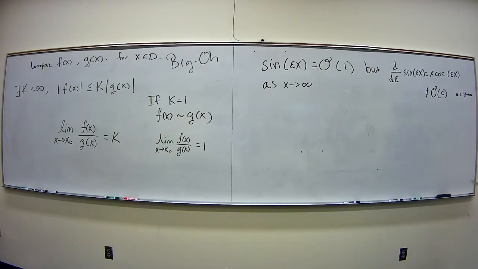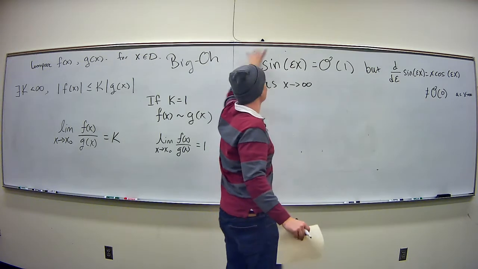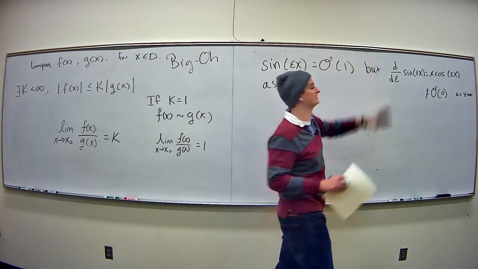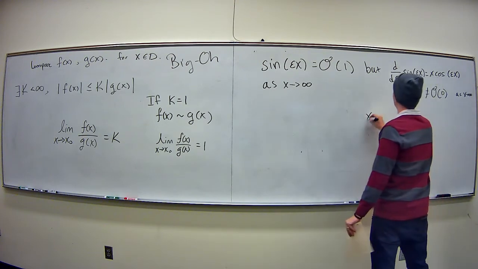Does this make sense? While I have this, what I can't do is take the derivative on this side and the derivative on this side and push the derivative into the order operation.